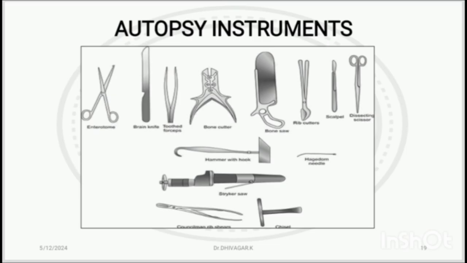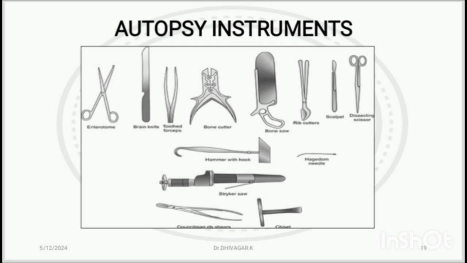Now let us see the common autopsy instruments used for removal of organs or organ dissections. For example, the enterotome will be used for evisceration, and the brain knife is used for dissecting the brain. Tooth forceps are useful for holding tissues, and the bone cutter will be used for cutting bones. The bone saw is helpful in cranial dissection, and the rib cutter is helpful in opening up the thoracic cavity by cutting the ribs.